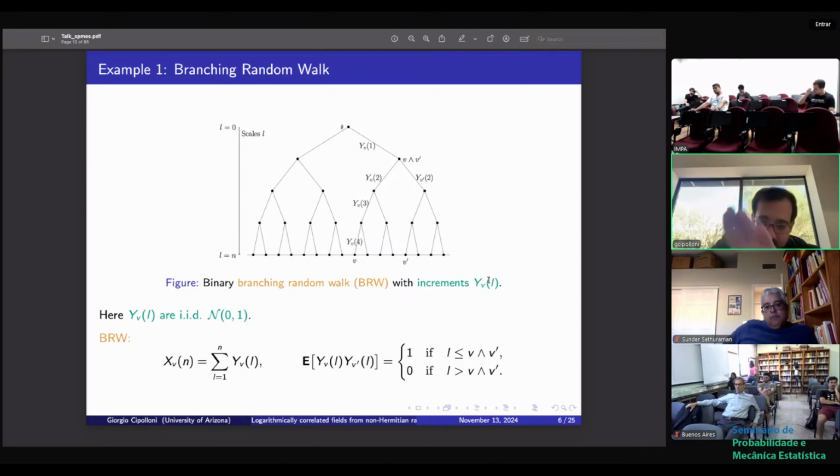Okay. So this is, as I said, one of the simplest examples to keep in mind, and it will come back very often in the following, because in this case one can compute several things explicitly.